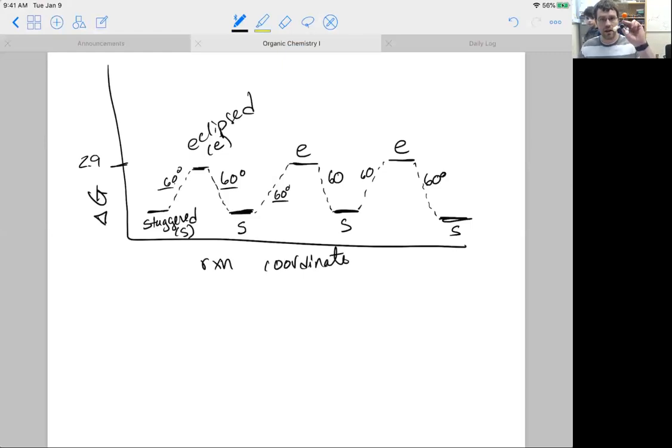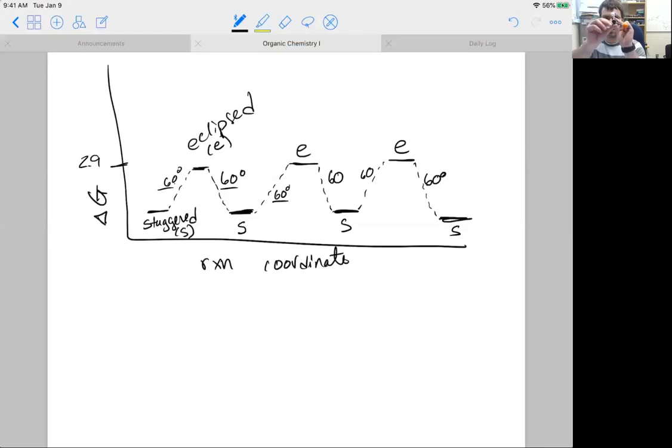And it's helpful if I have a molecule like this where I've got two different color balls, an orange and a blue ball. What I'm going to do is start them eclipsed, but pointing in opposite directions. And then we can actually track this.